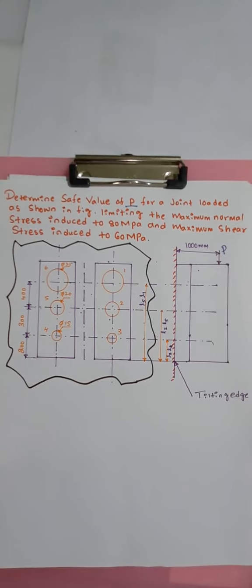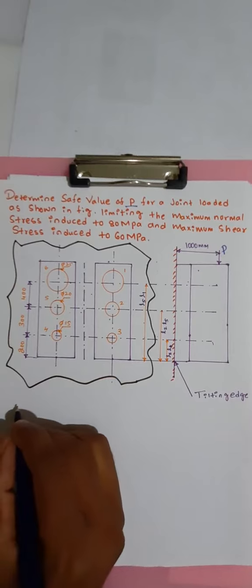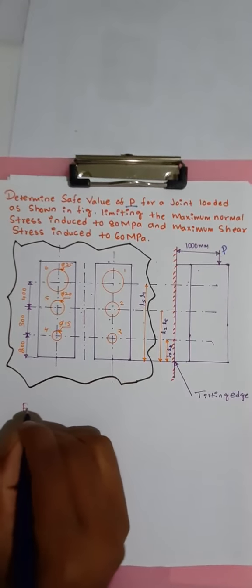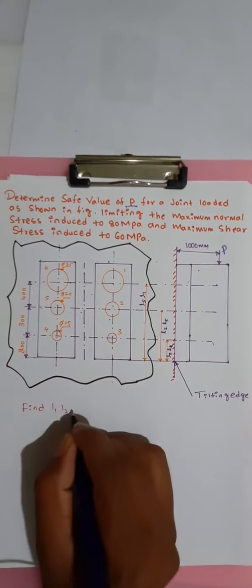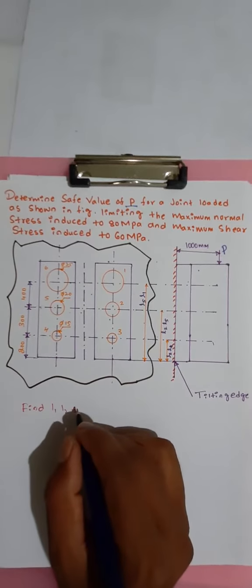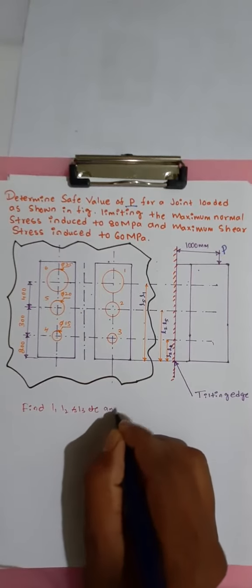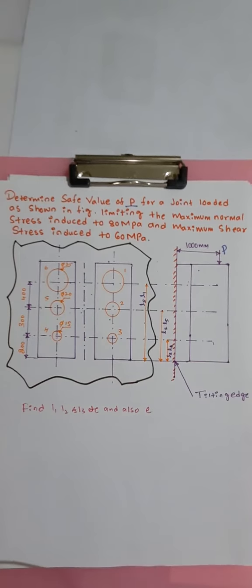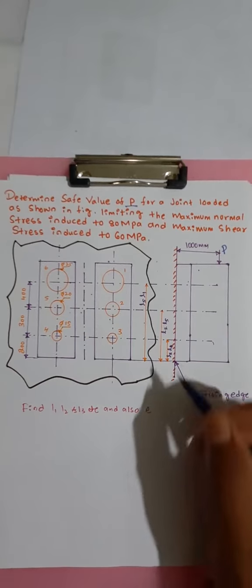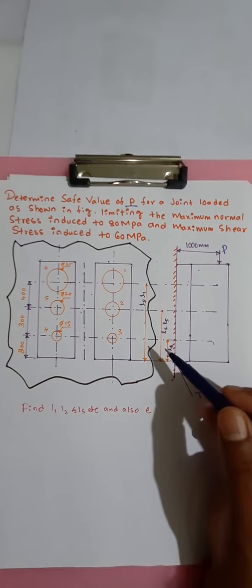First, let us find L1, L2, L3, etc., and also the value of E. We know this from the figure, so we can directly find out the values of L1, L2, L3, L4, L5.